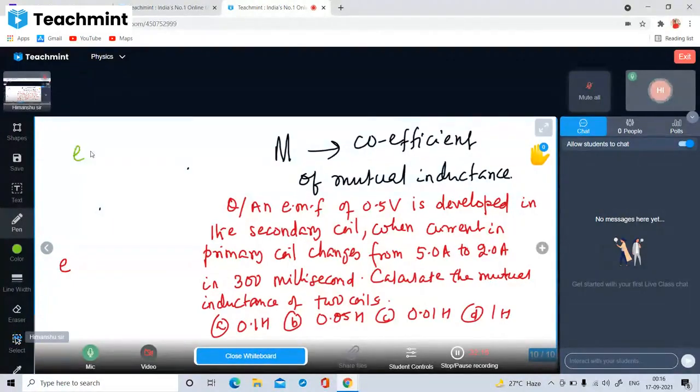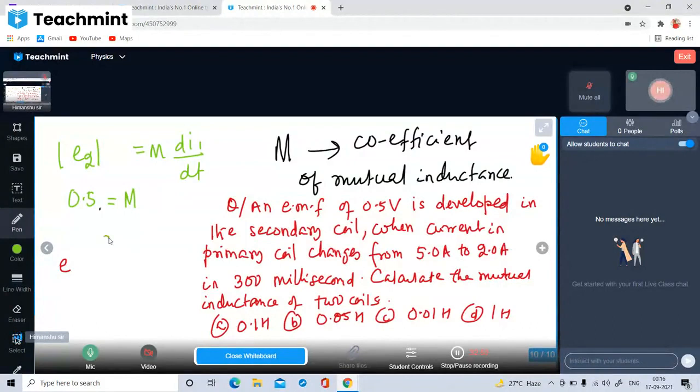So E2, that means the EMF in the secondary coil, is given by M di1 by dt. The change of current in the primary coil is what induces the EMF in the secondary coil, understood? So E2 is given as 0.5 volt, M is asked, and di by dt is given: 5 ampere to 2 ampere.